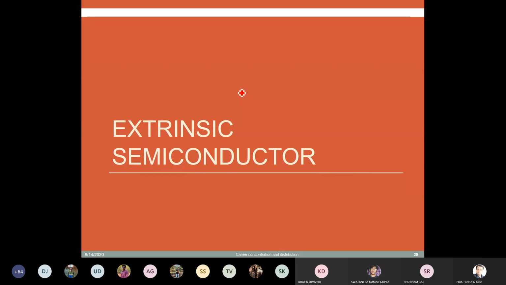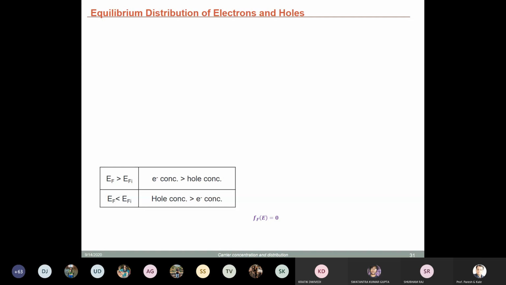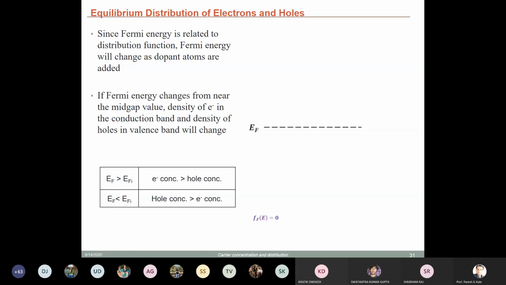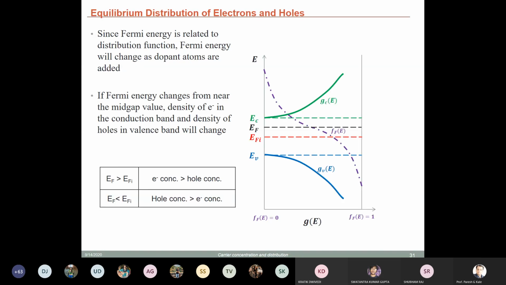So with this basic understanding of EFI and EF, let us now start talking about how the extrinsic semiconductor will behave. Fermi level is related to the distribution function.